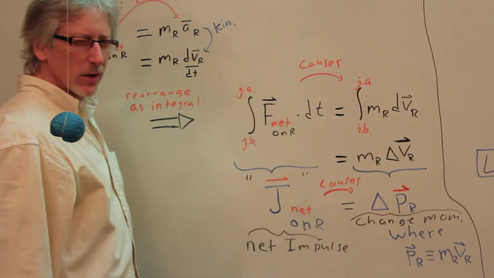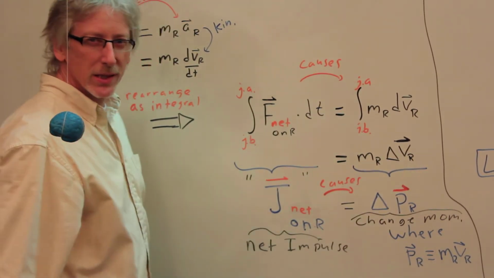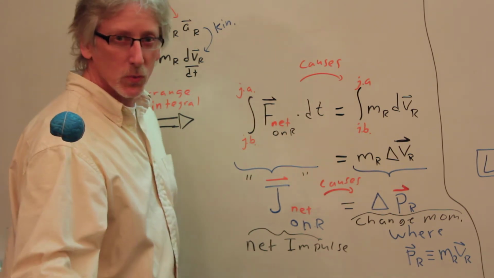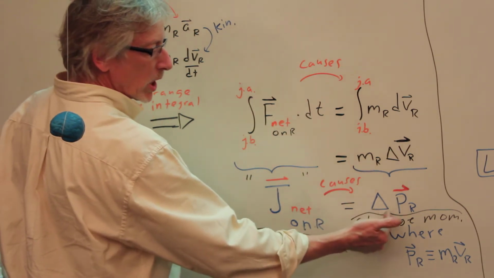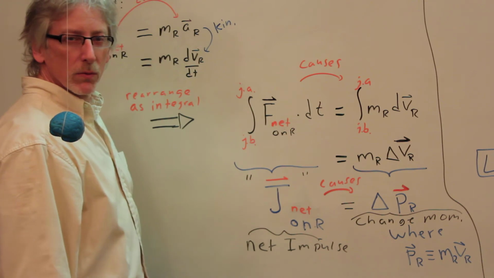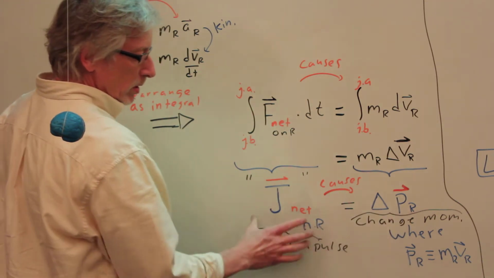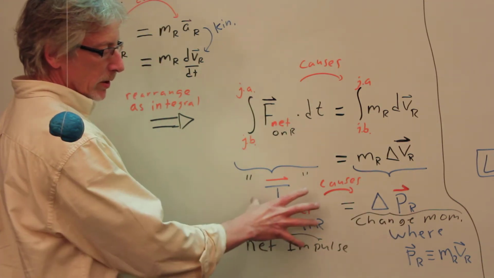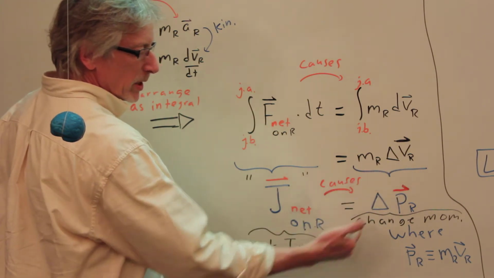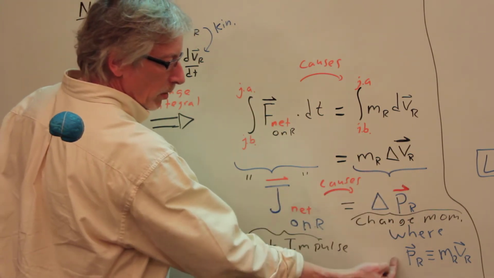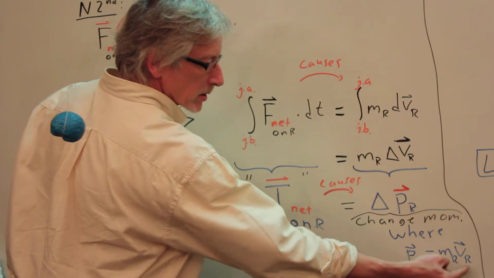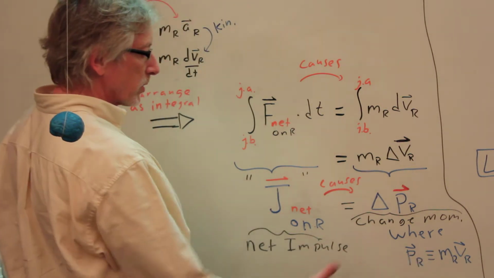P, it's interesting to try to find the history on why that's labeled P, but don't worry about it. You run out of letters real fast, right? Change in P vector of r. Net impulse interaction on r causes a change in momentum of r, where P of r is defined as the mass times the velocity of that object. So there you have it.